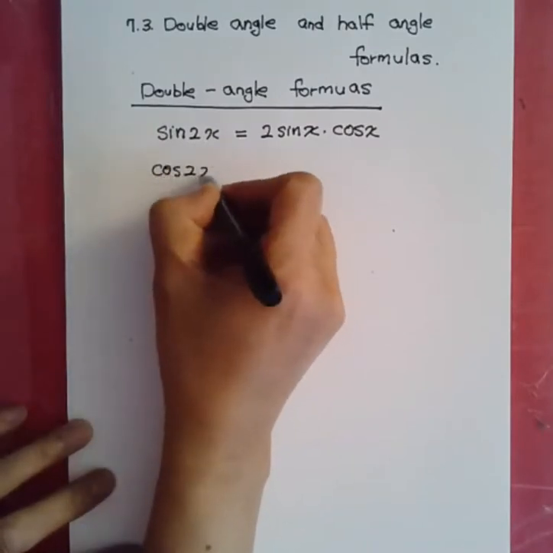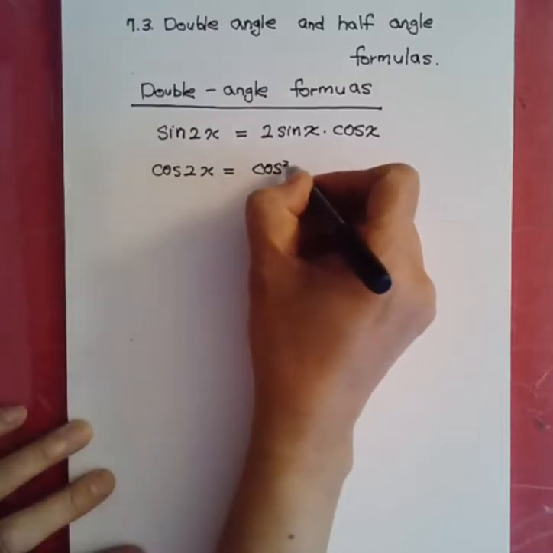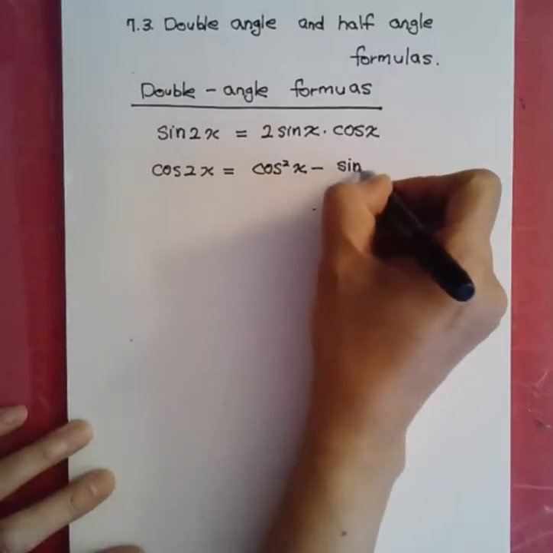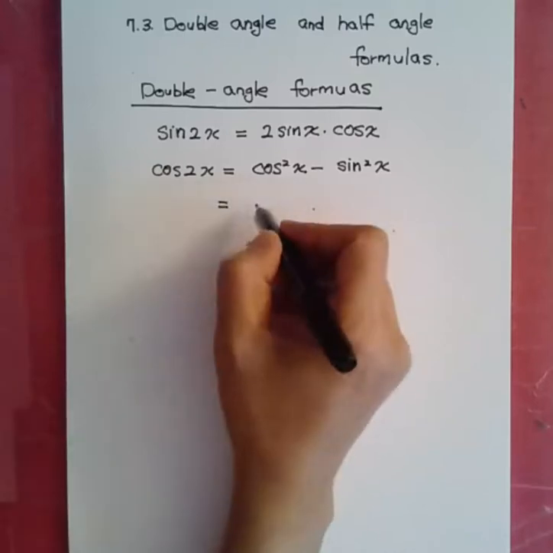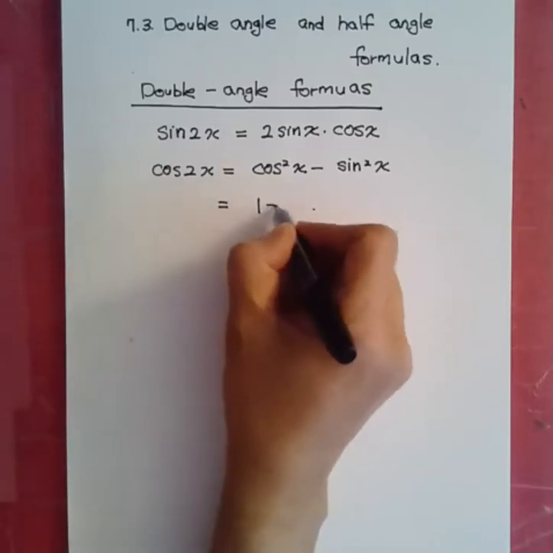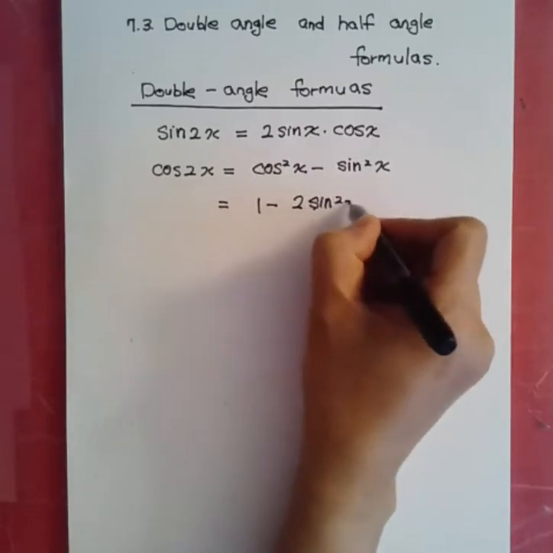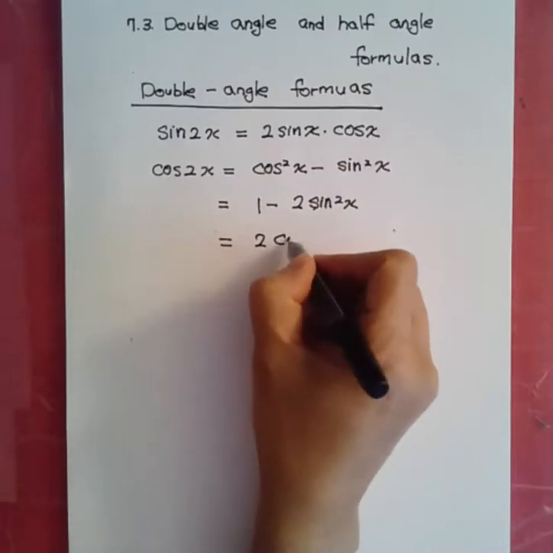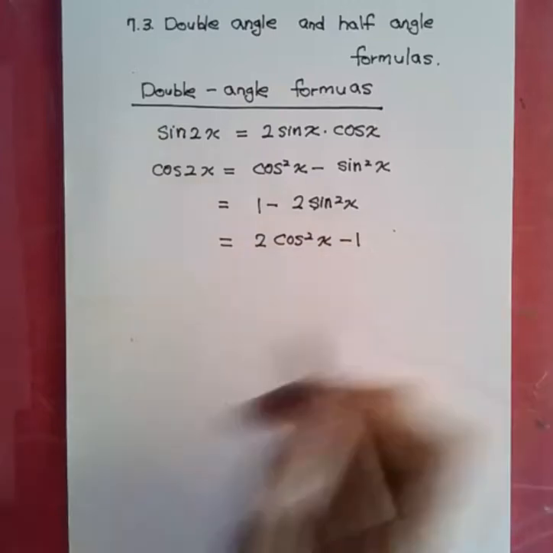Cosine of 2x equals cosine squared x minus sine squared of x, or we can state that as 1 minus 2 times sine squared of x, or 2 times cosine squared of x minus 1.